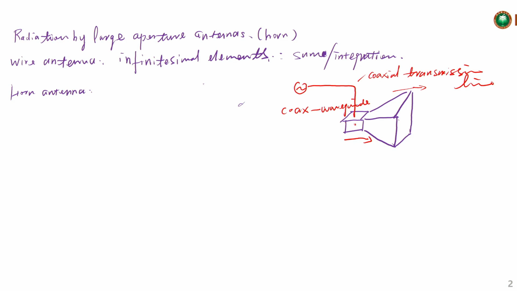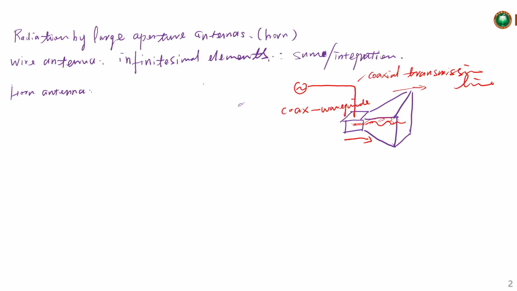Inside of the waveguide, the tip of this cable or transmission line acts as a monopole, and it radiates the electromagnetic waves into this waveguide. Inside the waveguide, it propagates to the horn and then radiates inside of this horn, and then it launches out into free space.